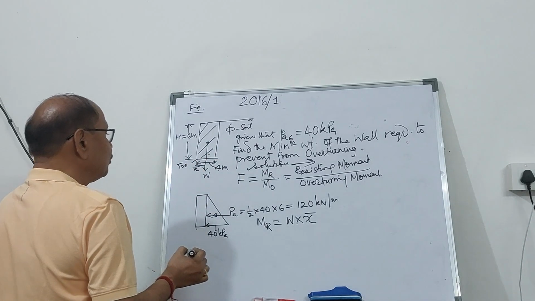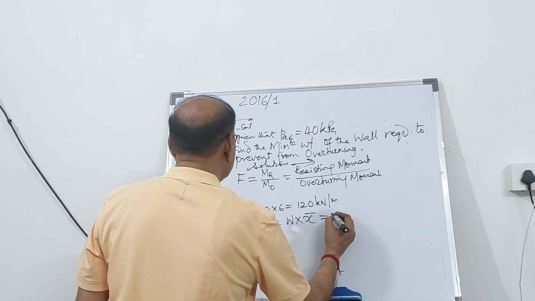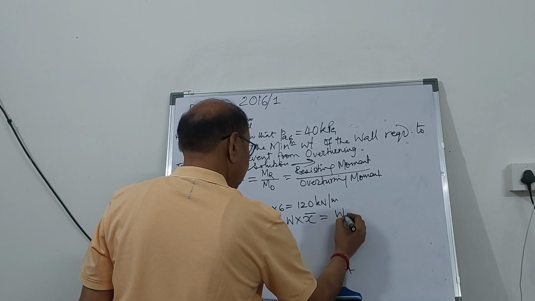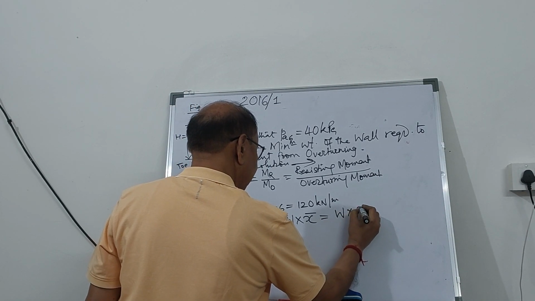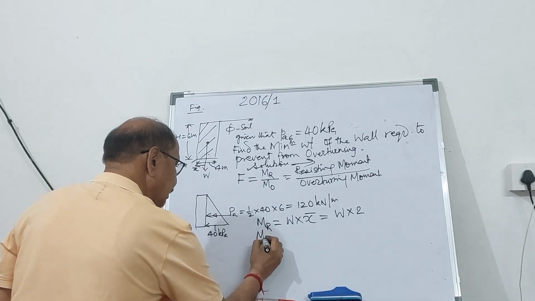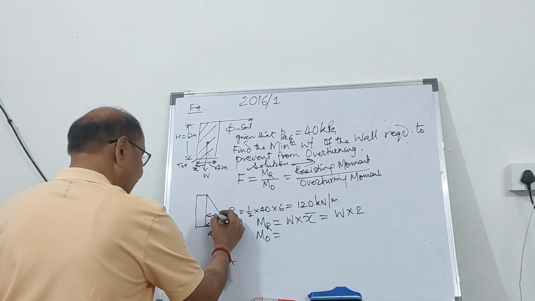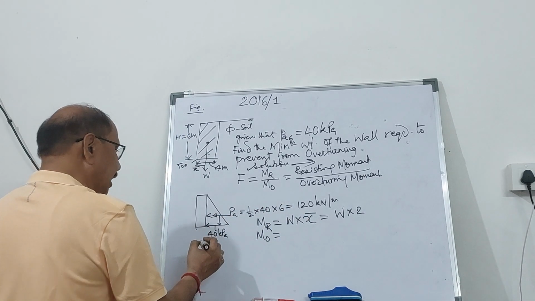From CG up to the toe, it is 2 meter. So this is the weight multiplied by 2. And the overturning moment is due to this pressure, which will be acting at H by 3.